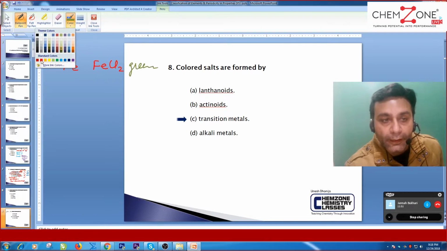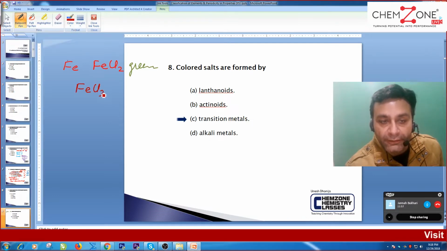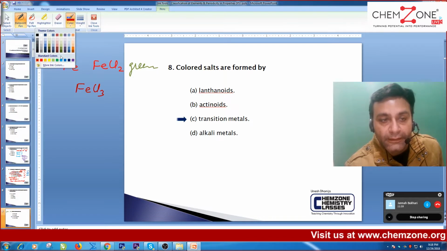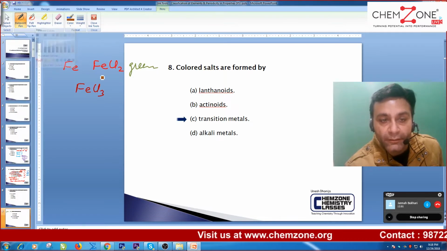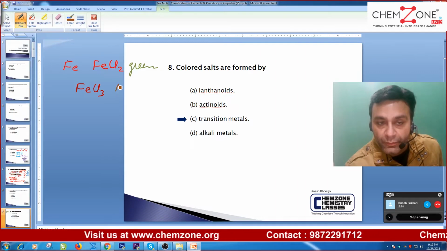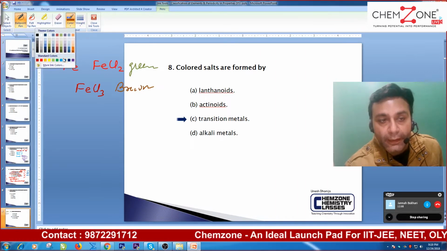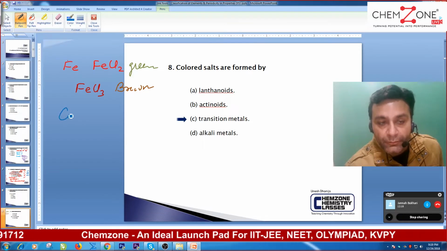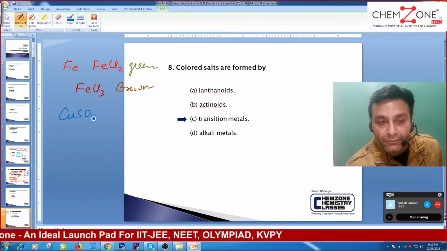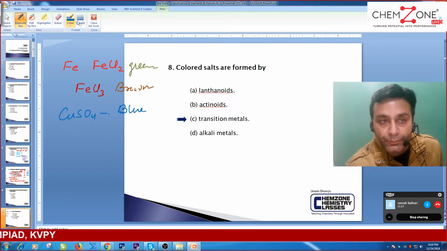And ferric chloride, FeCl3, is a rusty brown color. And what about copper? Copper sulfate solution is blue.